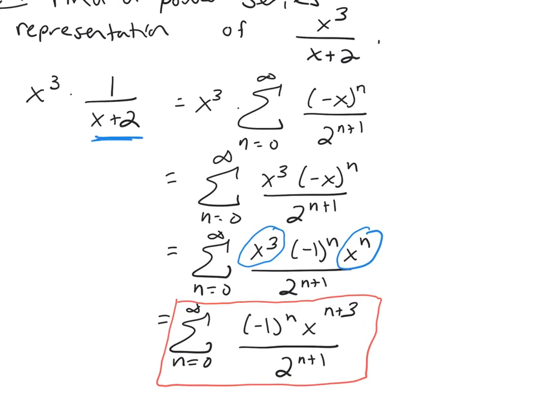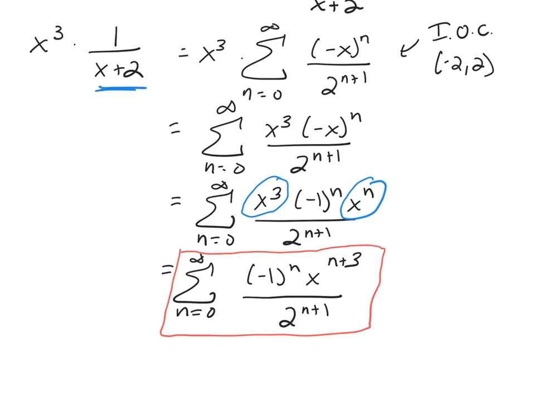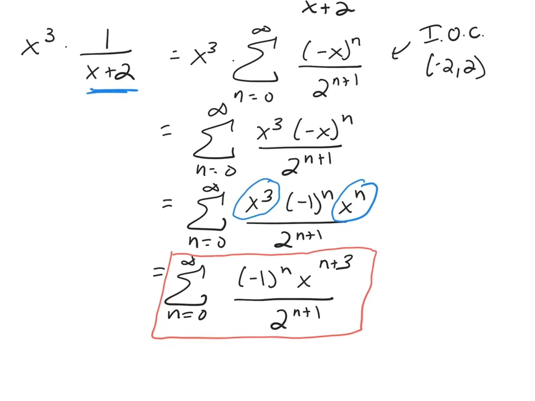Does someone want to tell me what was our interval of convergence for the last problem? -2 to 2. My answer is completely based on this previous answer. So the power series at the end here has to have the same interval of convergence as the one we used. So the interval of convergence of this one is the same thing, -2 to 2.